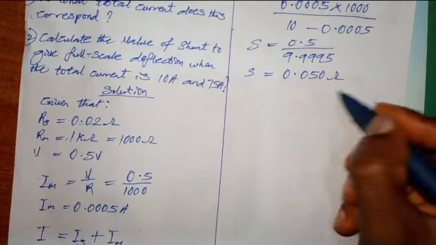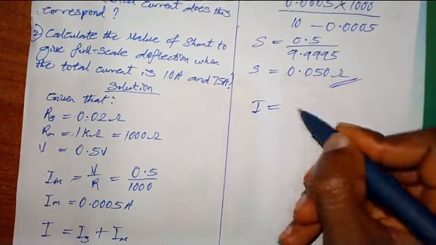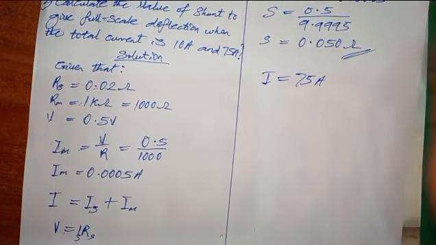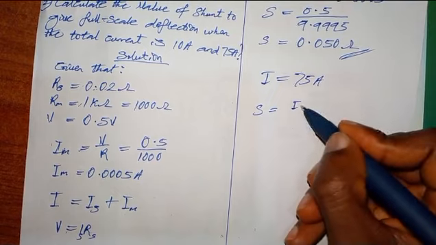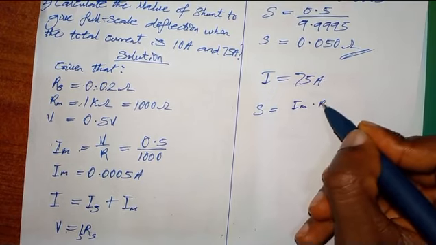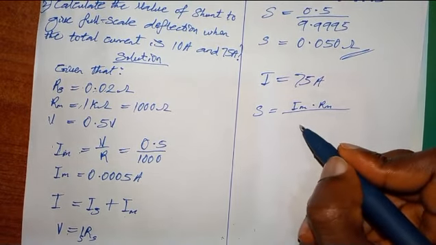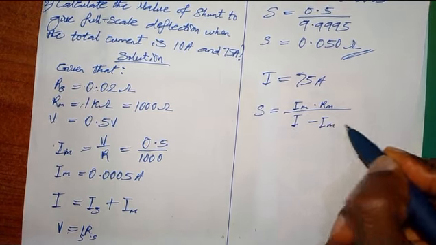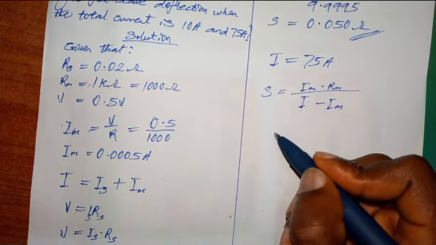Then solving for when the total current is 75 amp, that will be just fixing in the formula, which is Rs is equals to Im times Rm divided by I total minus Im. Just substitute the values in there.